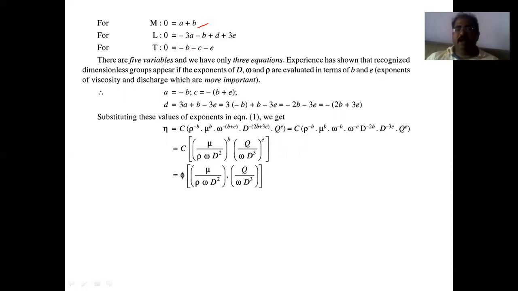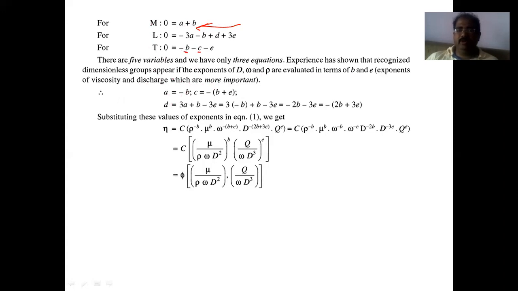Here there are 5 variables and we have only 3 equations. Experience shows that the recognized dimensionless groups appear when the exponents of d, omega, and rho are evaluated in terms of b and e, the exponents of viscosity and discharge, which are more important. So we get a in terms of b: a is equal to minus b.